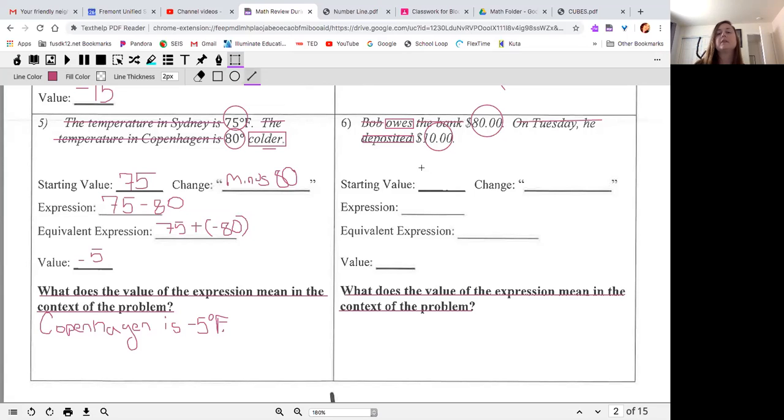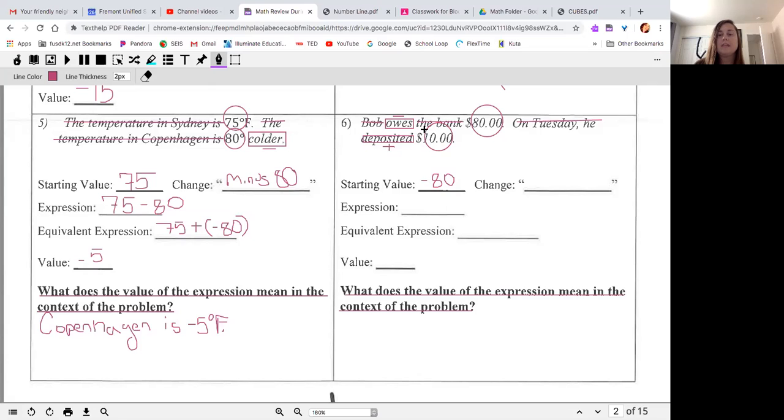Okay. Owes means minus. Put that up here, minus. Deposited is plus. That means we're putting something in. So owes is before the 80 also. So he owes $80. Is it going to be positive 80 or negative? Right.